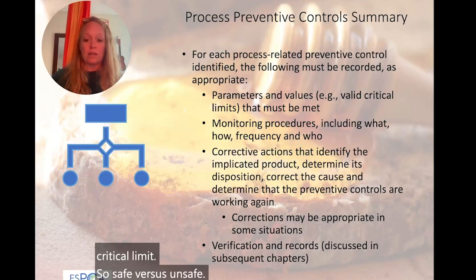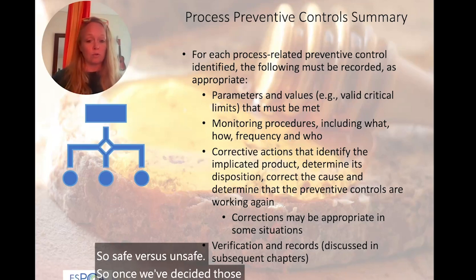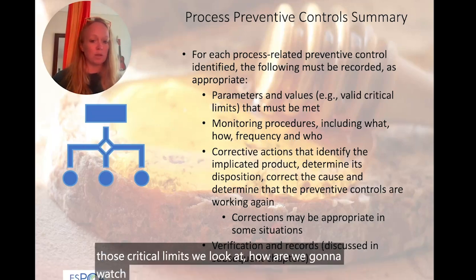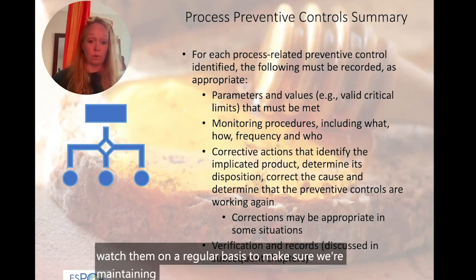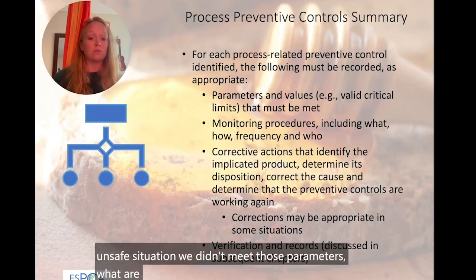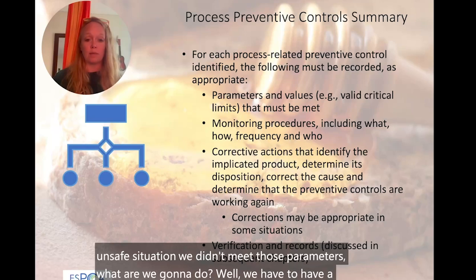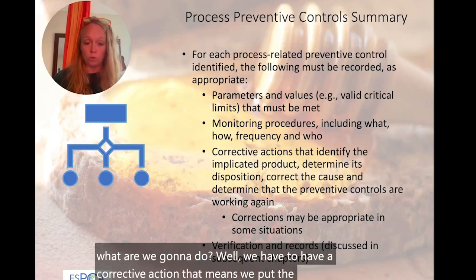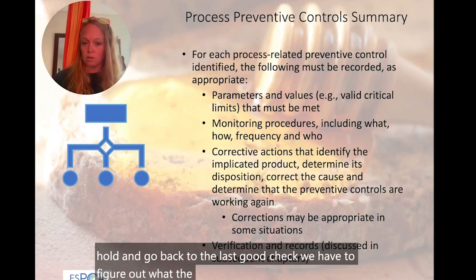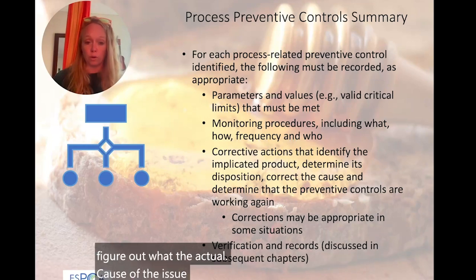So once we've decided those parameters and values, those critical limits, we look at how we are going to watch them on a regular basis to make sure we're maintaining safety, and if we have a potentially unsafe situation where we didn't meet those parameters, what are we going to do? Well, we have to have a corrective action. That means we put the product on hold, go back to the last good check. We have to figure out what the actual cause of the issue was and restore order.